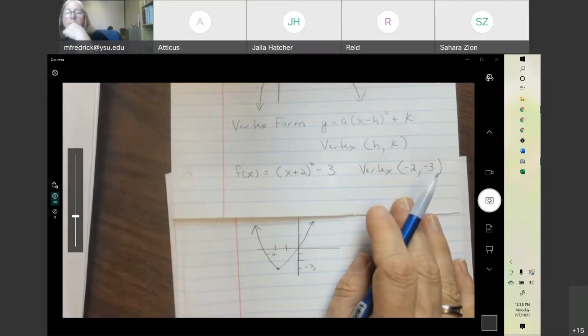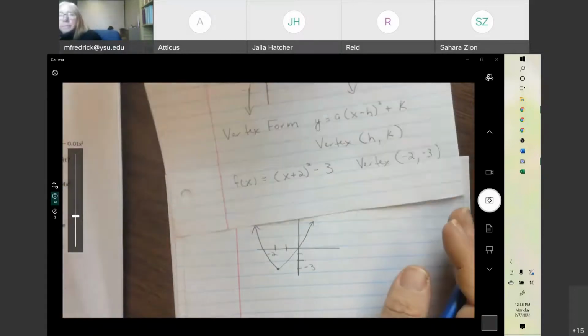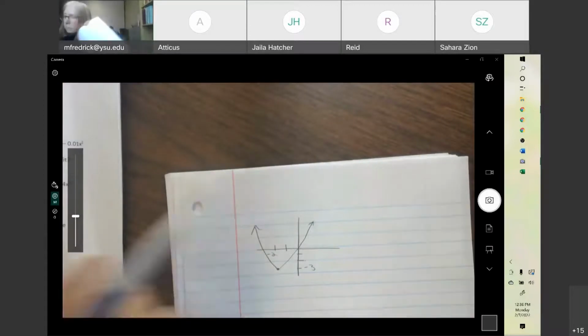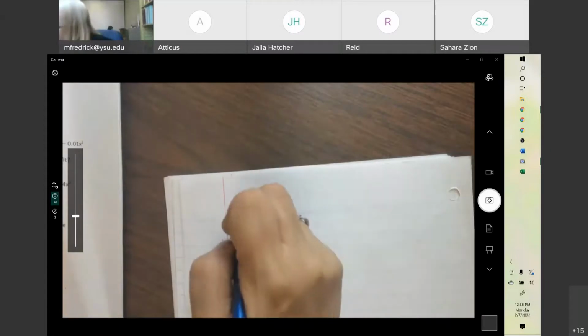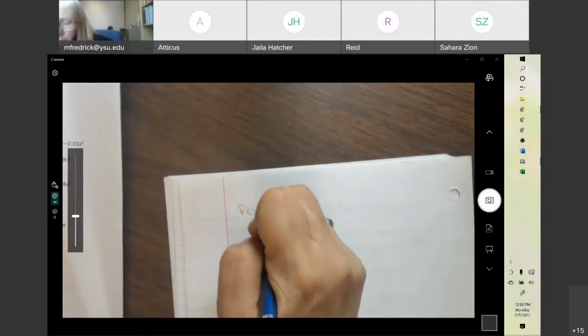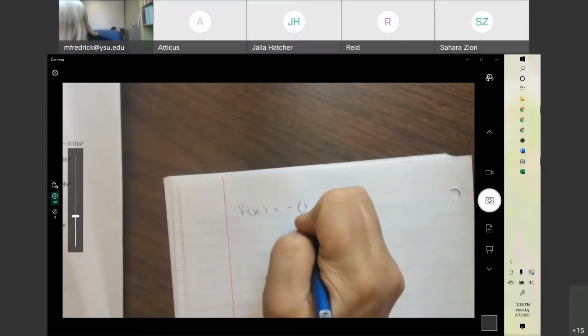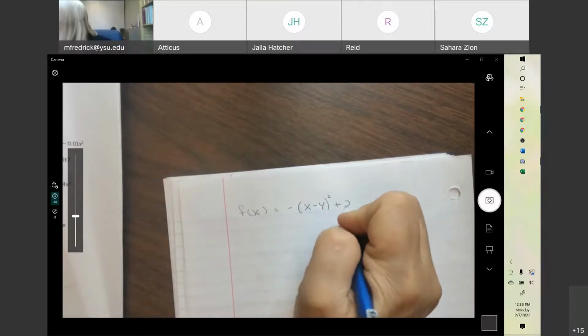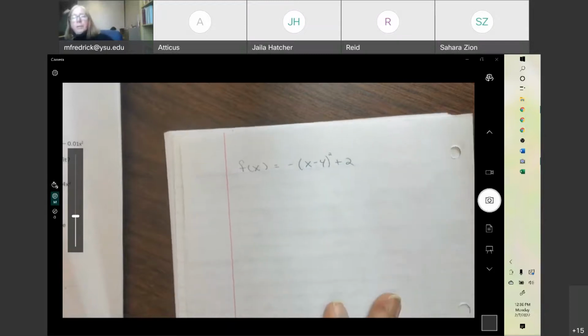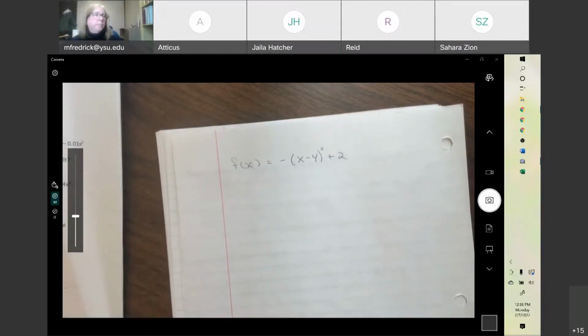Any questions on that? Let's try another. So go ahead and find the vertex and then graph it.